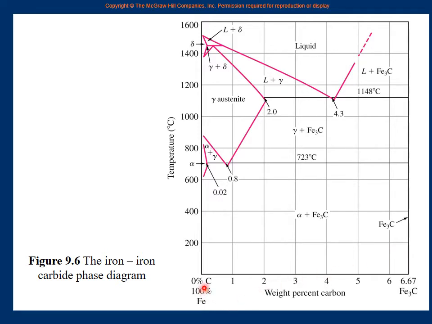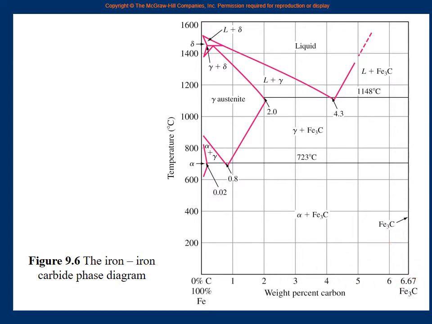On the left we have 0% carbon, on the right we have 6.67% carbon. This is the maximum amount of carbon. After that there is no solution of carbon in iron, but all the iron and all the carbon combine together to form the new material cementite or iron carbide, and there is no steel left after that, right?